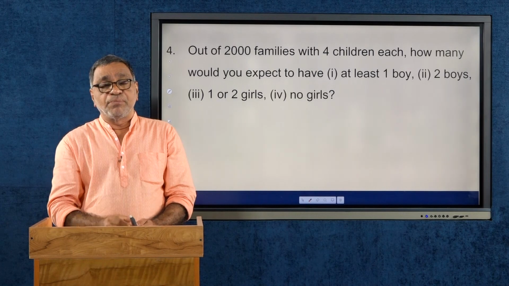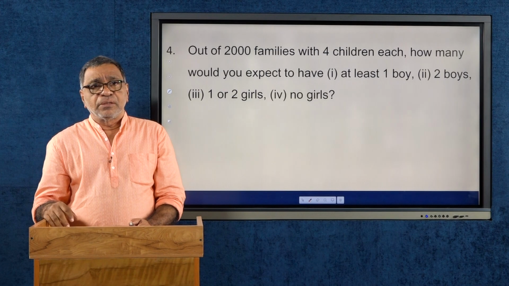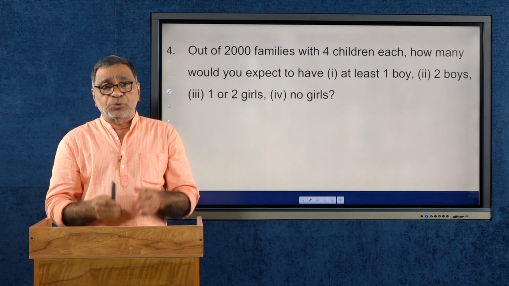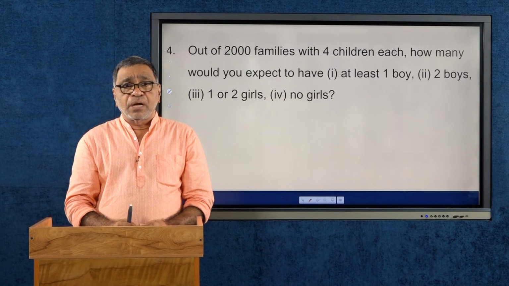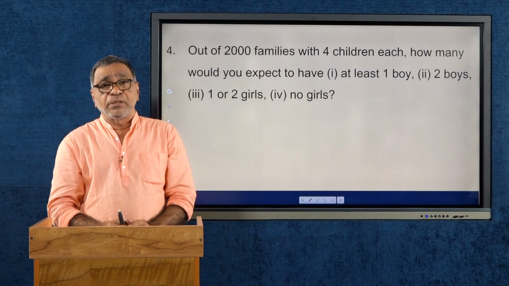So this is an example. Out of 2000 families with 4 children each, how many would you expect to have at least one boy? Another event, at least 2 boys. Another event, 1 or 2 girls, or no girls. So, like these events. That is, we have a situation that 2000 families are there, and all those families have 4 children.